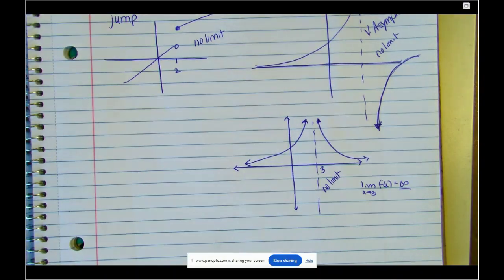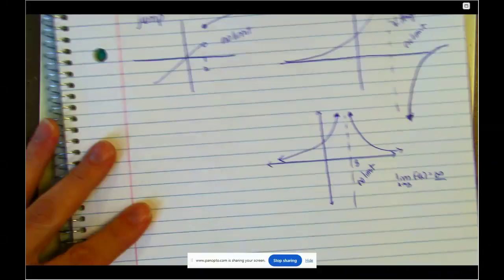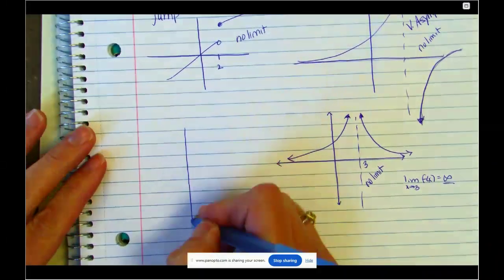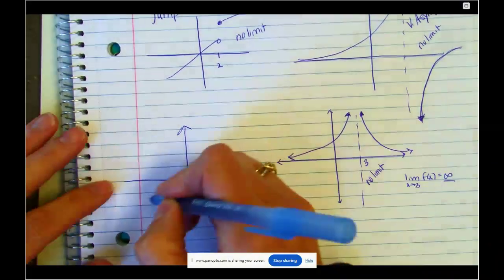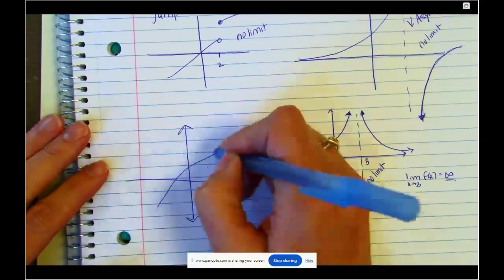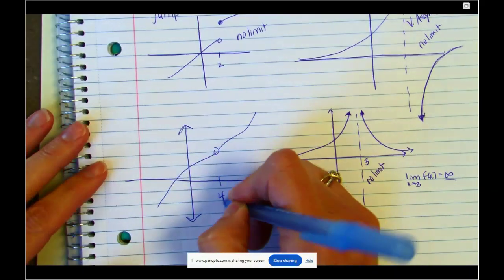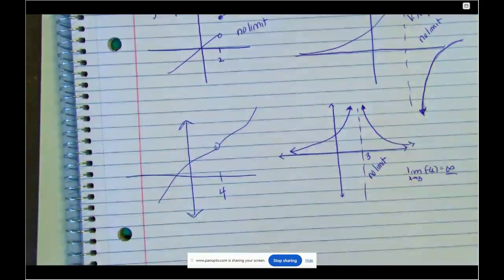When you have your homework, and you'll have plenty of time to finish it in class, you're going to get a graph. It might look like this, and it's going to say, what kind of discontinuity is that? It's a hole.